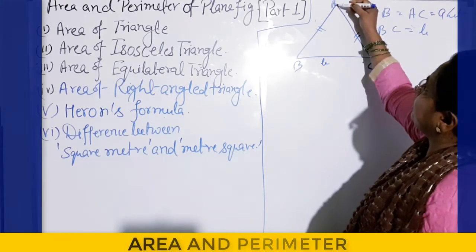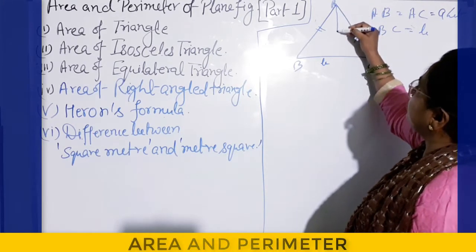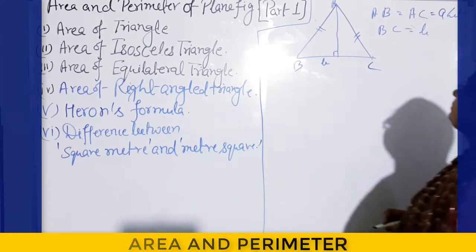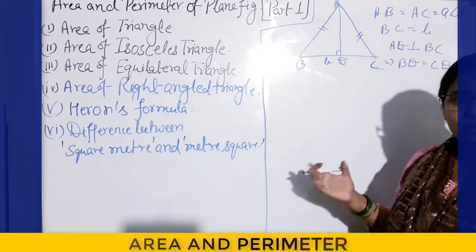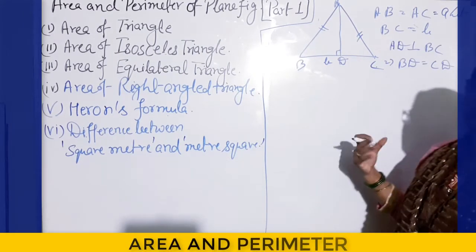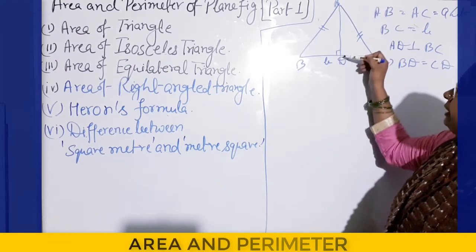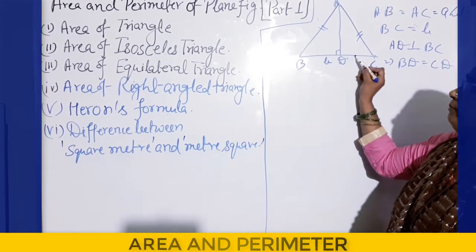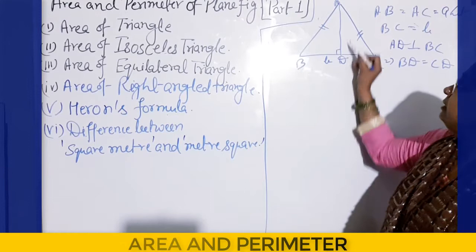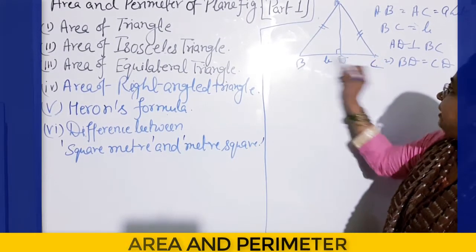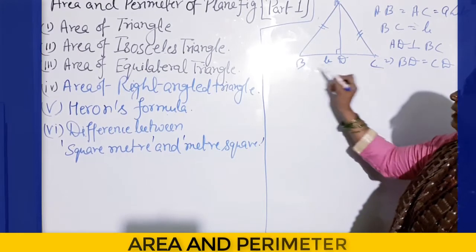Now the perpendicular is drawn from the vertex to get the height, like this. And we know from the property of isosceles triangle, the perpendicular drawn from the vertex bisects the base. It means this perpendicular AD divides the base into two equal parts.